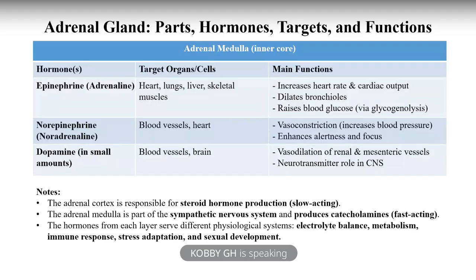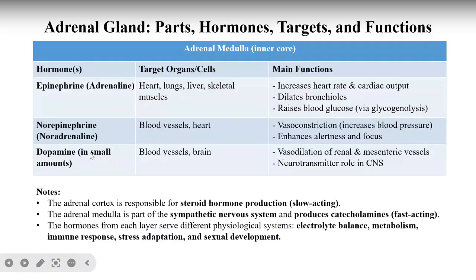Okay, then we have the dopamine. It produces dopamine in small amounts. Is that okay? And this is what we call the medullary hormones: epinephrine or adrenaline, norepinephrine or noradrenaline, and dopamine. Is that okay?